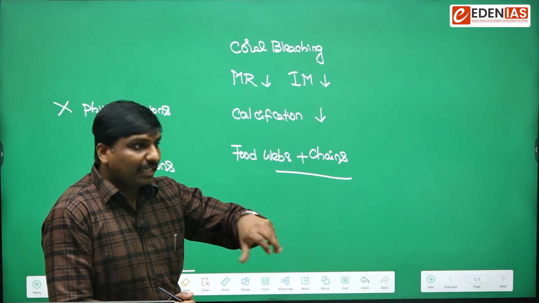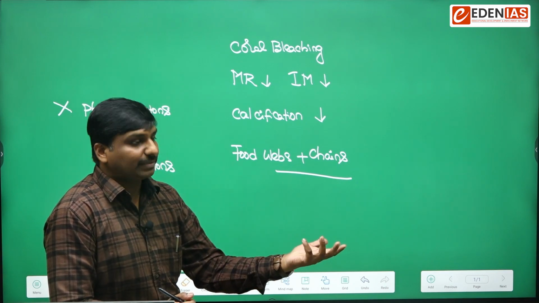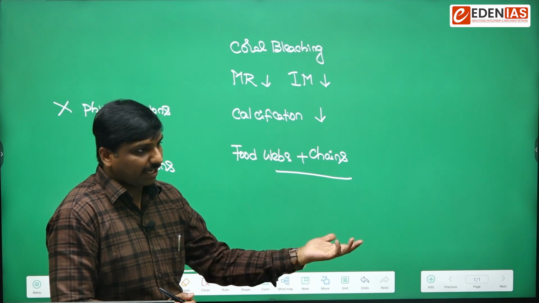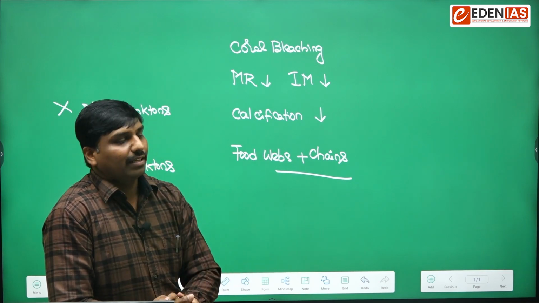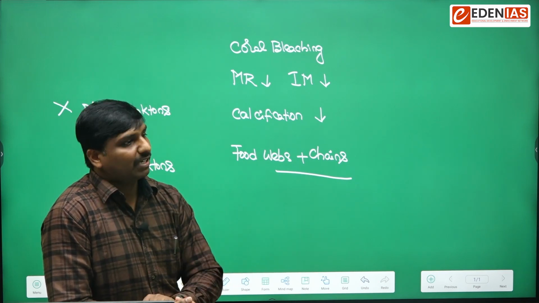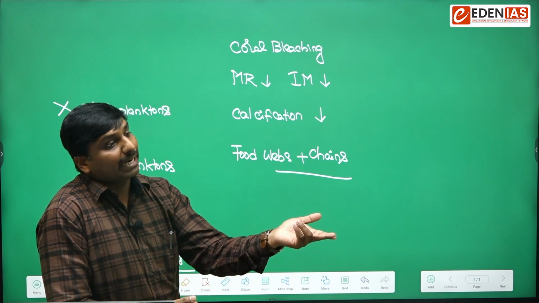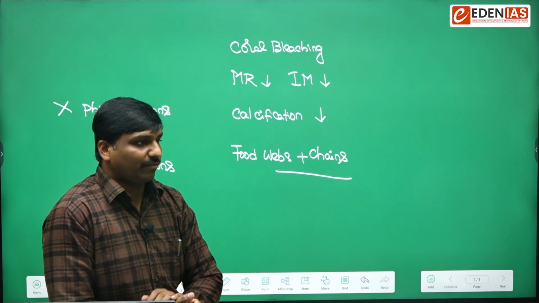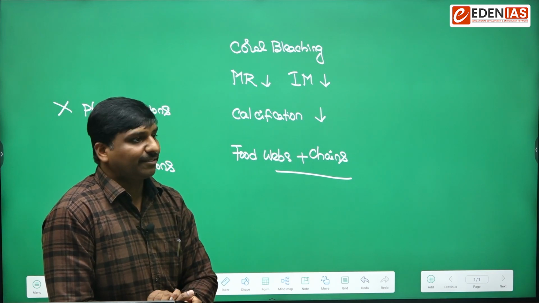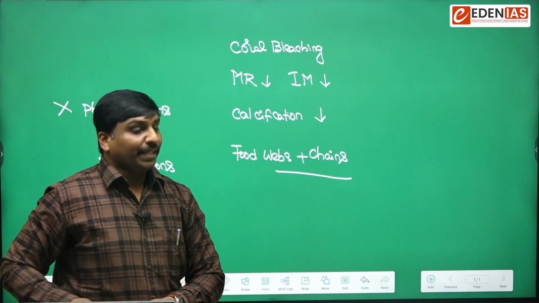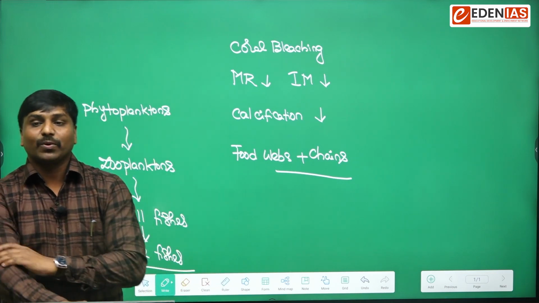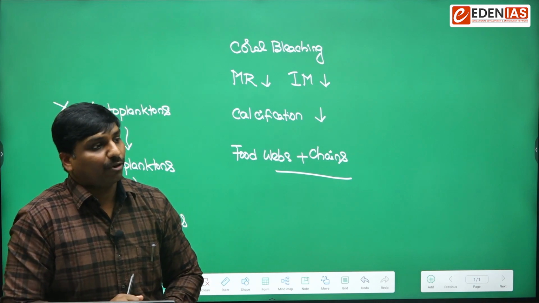Some conditions favor acidic environments, and some organisms flourish better in alkaline environments. So usually there is a direct relation that metabolic rates would be reduced in acidic environments. That's all. So that is one important effect.